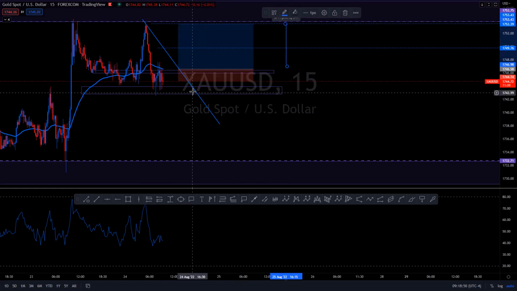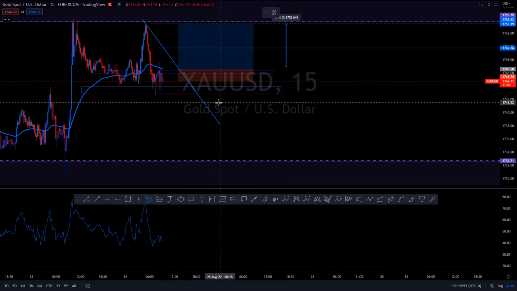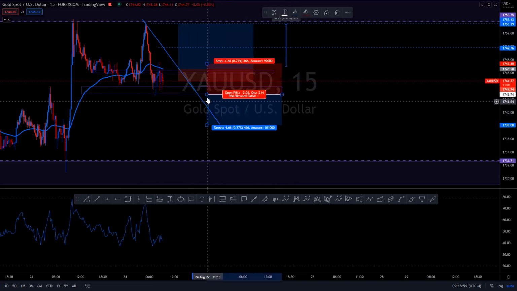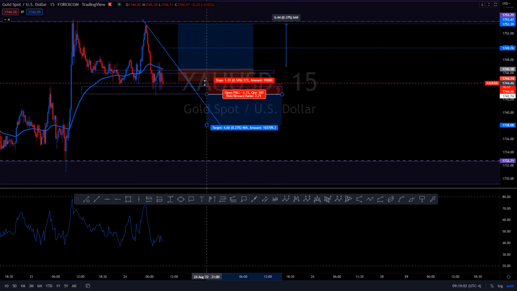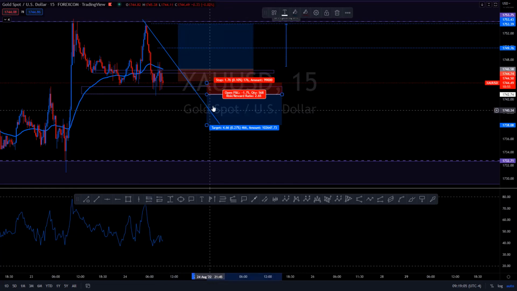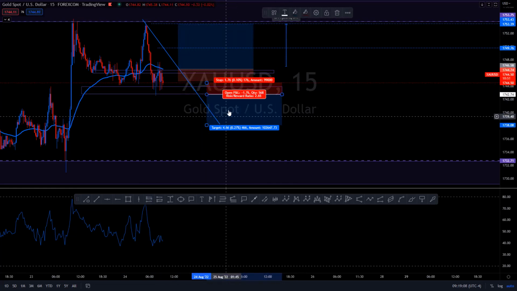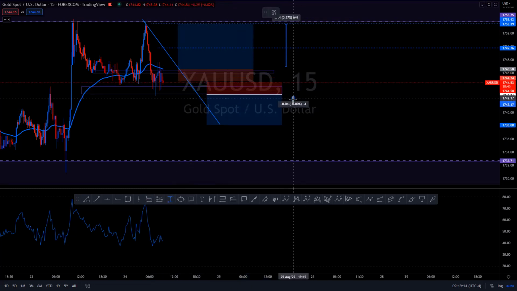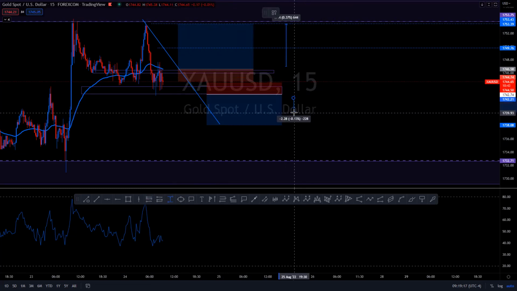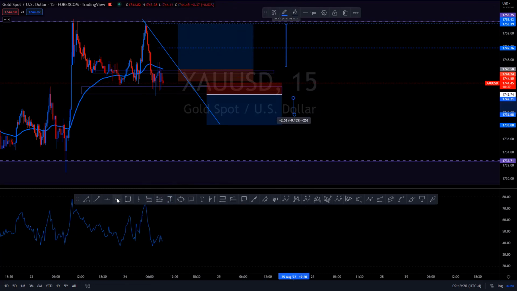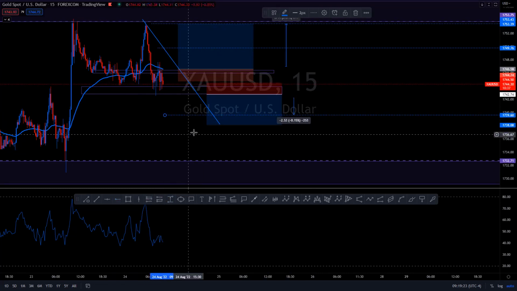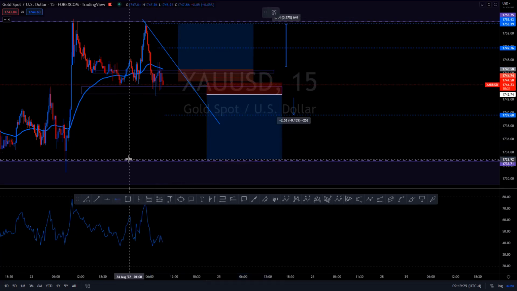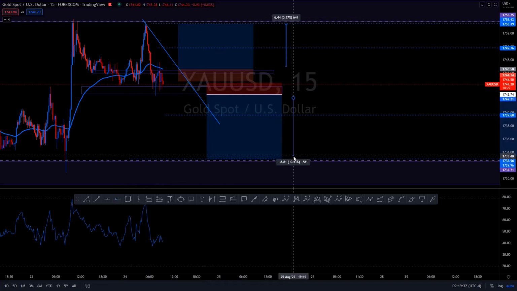And then if price decides to sell down, then I'm going to get this zone here. It's going to have to close below and hit that. And if it goes down, we'll grab this liquidity down here. Then we'll try that.